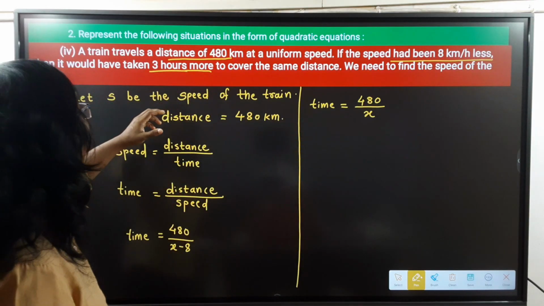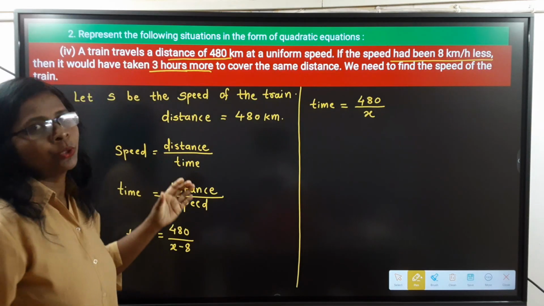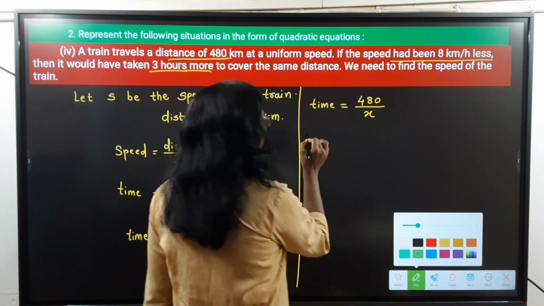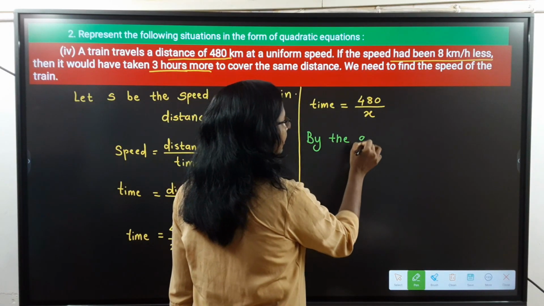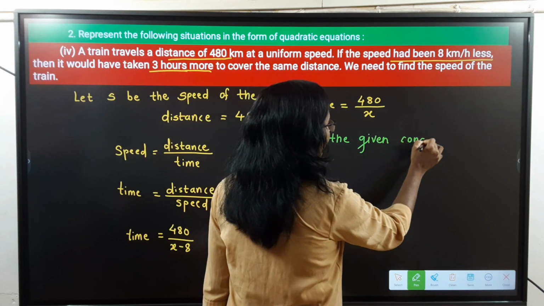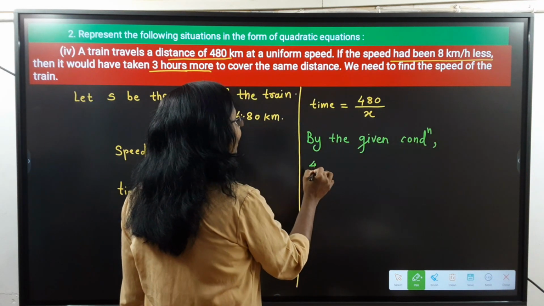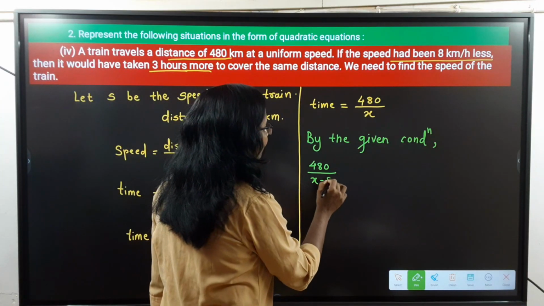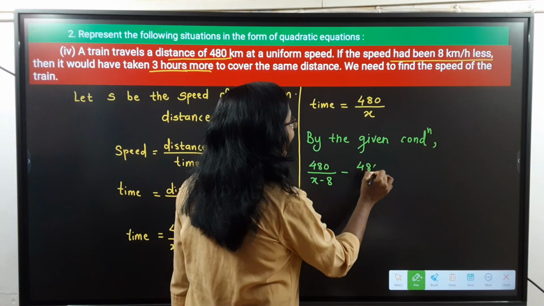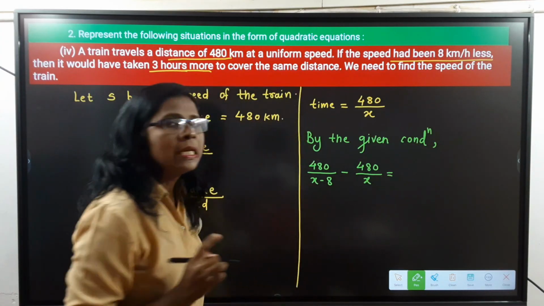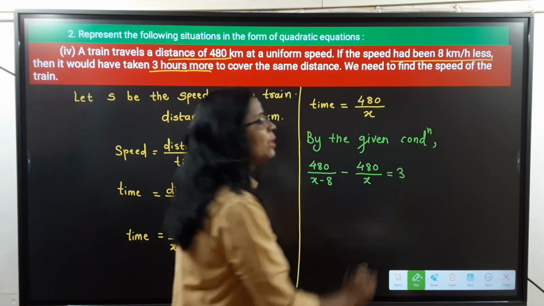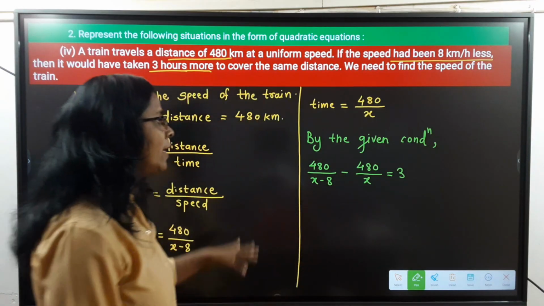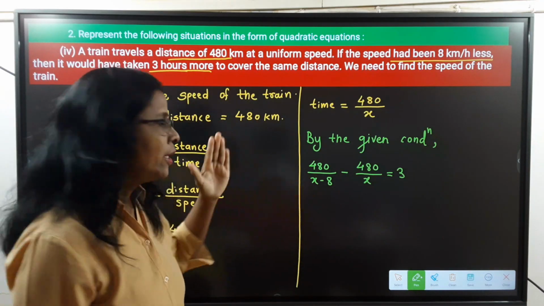The condition says that it would have taken 3 hours more, and that means students, by the given condition, 480 upon x minus 8 minus 480 upon x is equal to 3, because it is the 3 more. So now we have to simplify this quadratic equation.